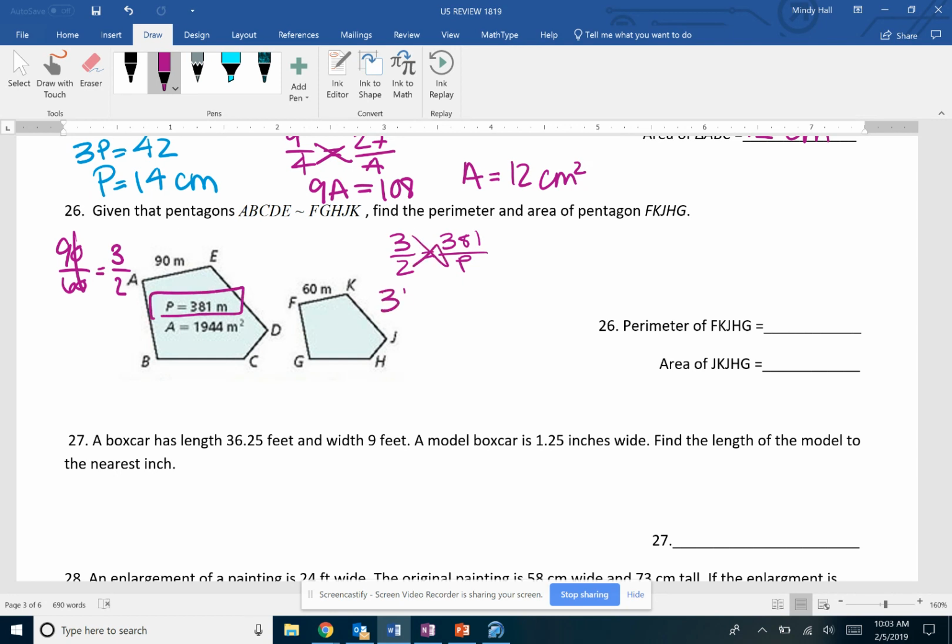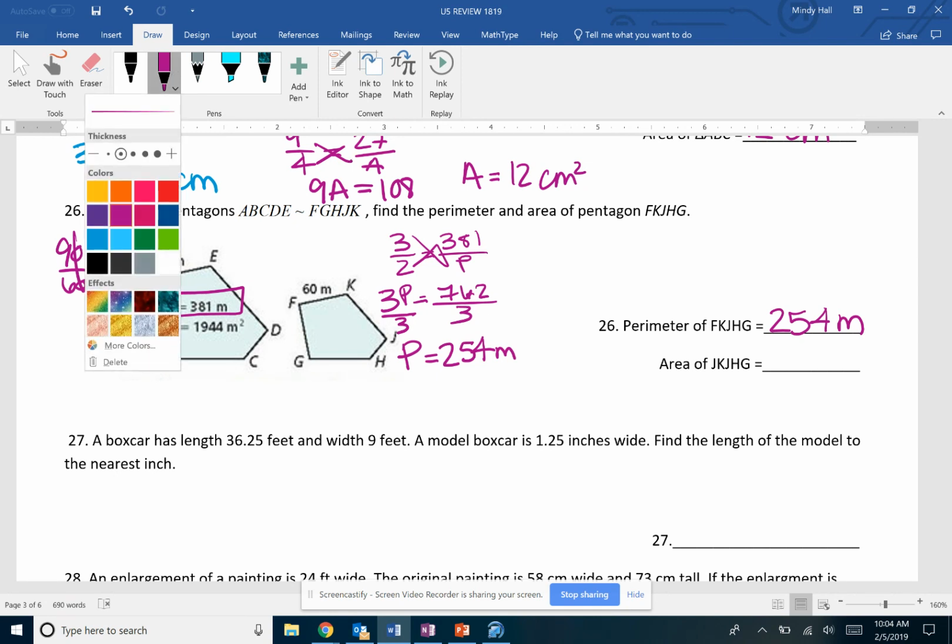When we cross multiply, we get 3p, and 2 times 381 is 762. And when you divide by 3, you get p equals 254 meters. And not gonna lie, when I first got 254, I was a little concerned, but then looking at the fact that the big one is 381 meters, I stopped worrying so much.